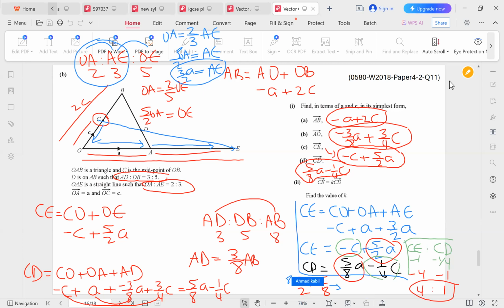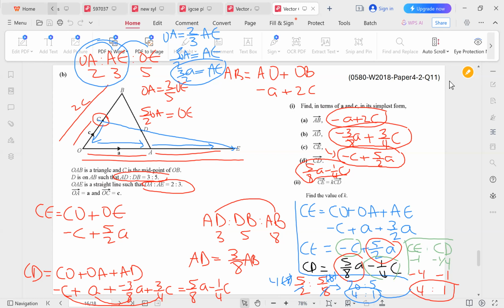So I'll multiply here by 8 and I'll multiply here by 8. These would cancel out and these would give me 4. So I get 20 to 5. Divide by 5, you get 4 to 1 again. Of course, here I just wrote 5/2. So this is CE to CD. So this is also 4 to 1. These are the same answers, regardless of whether you use A or C.